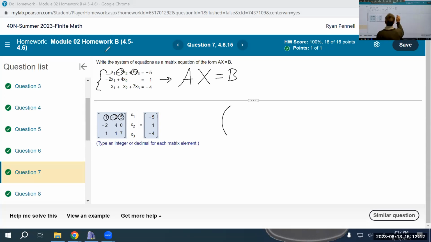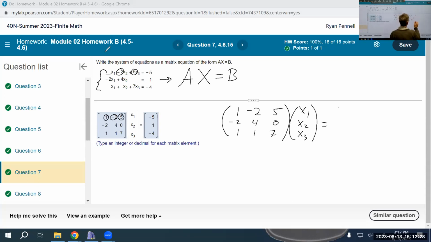That you can just multiply 1, -2, 5, -2, 4, 0, 1, 1, 7, times x1, x2, x3, equals -5, 1, 4. I claim that's the same. If you multiply this out, you'll just get the original system of equations. Nothing too crazy about that, right? But we're building towards something. We're going to build towards a general idea of this.